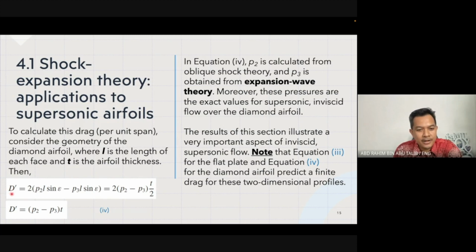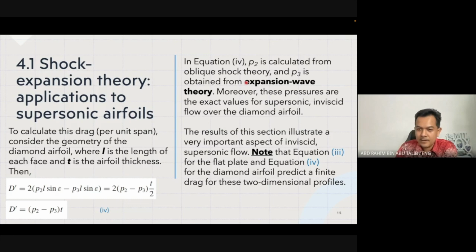We can then find the value of the drag, D, by following this expression, and we can simplify to D equal to the difference between the pressures at 2 and 3 times the thickness, and we call it equation number 4. The equation number 4 that we have found is calculated from oblique shock theory, and P3 is obtained from expansion wave theory.